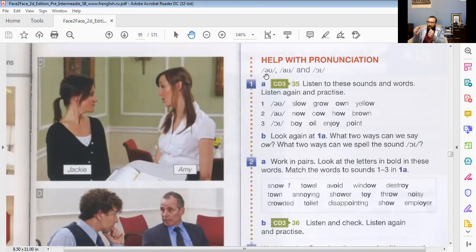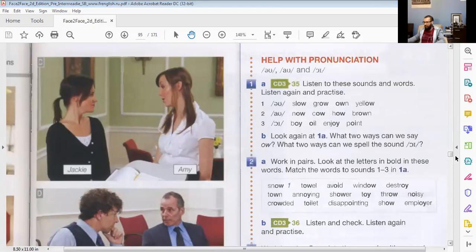Diphthongs are when you have 2 vowels together, but there's a change in sound. For example, if you listen to these words, we say slow, grow. Can you see there's a change in the vowel sound? It starts one way, then it changes. When you have a change like this, we call it a diphthong.